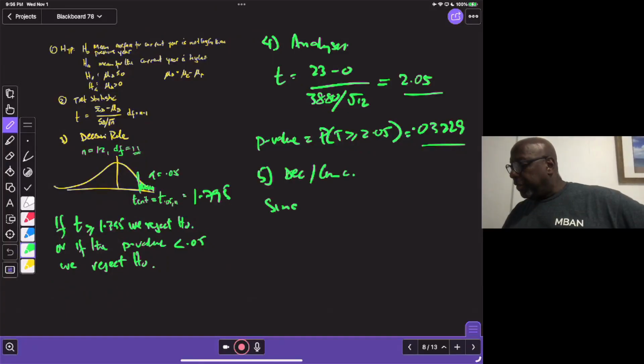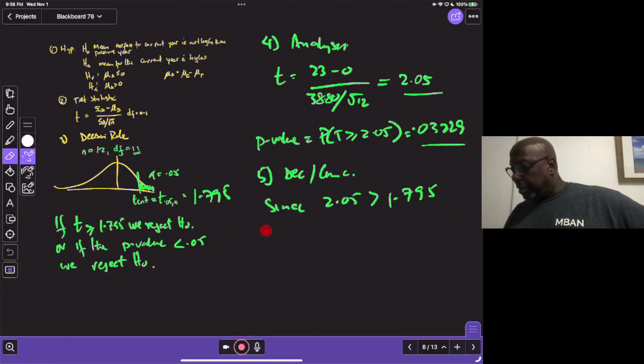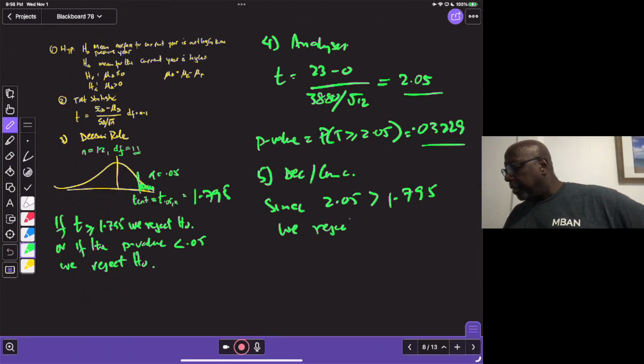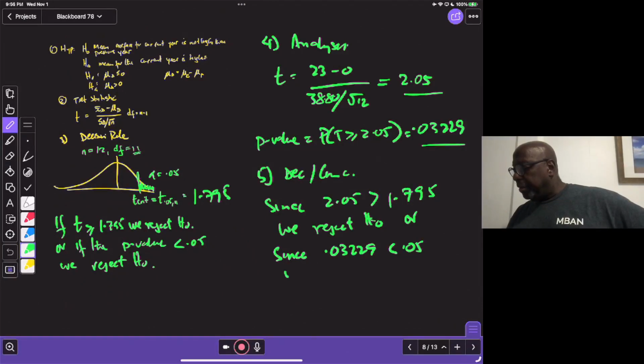So since 2.05 happens to be greater than 1.795, we reject the null hypothesis. If we're doing the p-value approach, we can say, since 0.03229 is less than 0.05, reject the null hypothesis.